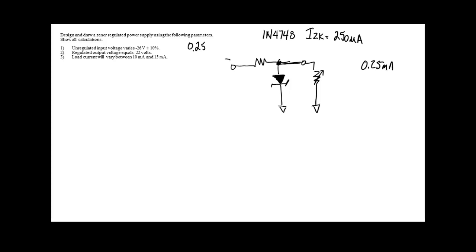Okay, guys, what's the next thing we need to calculate? Okay, so VIN minimum. We're dealing with 26 volts plus or minus 10%. I'm going to put the VIN max on the top. So what's the maximum it would ever be?